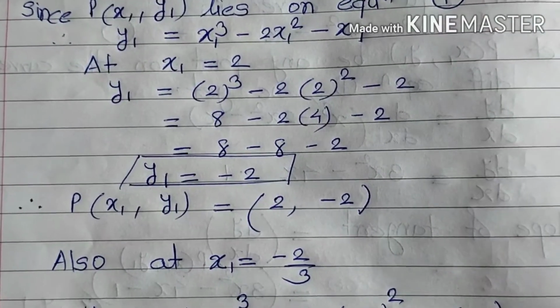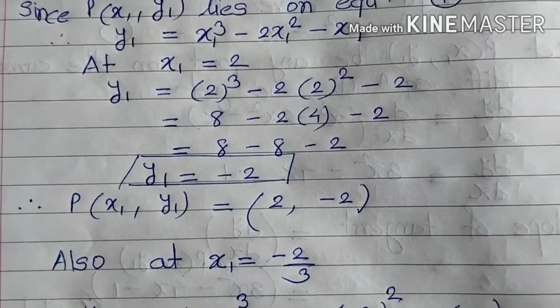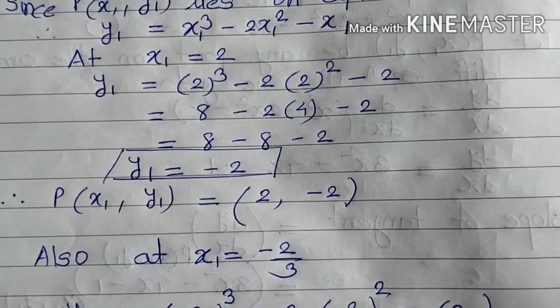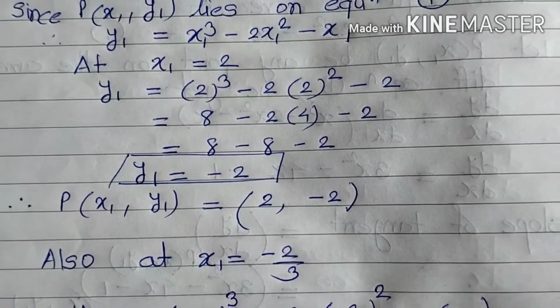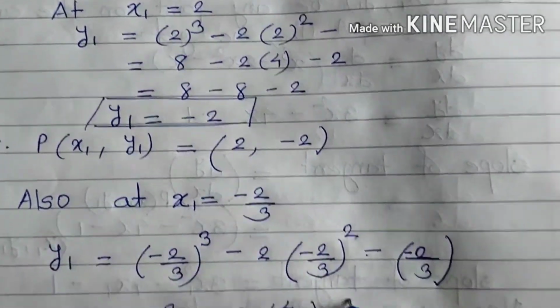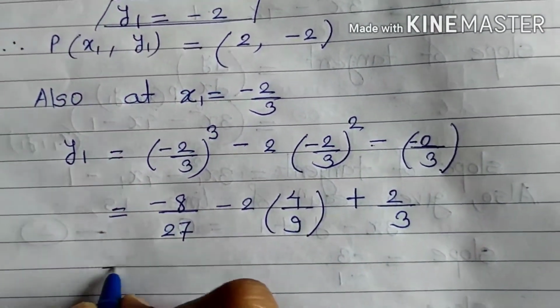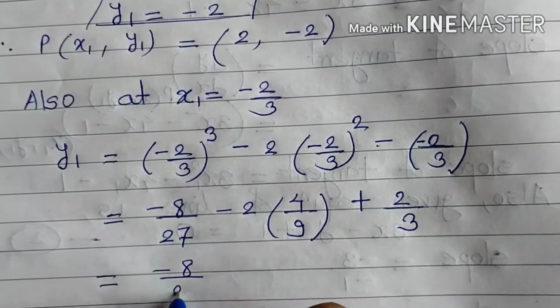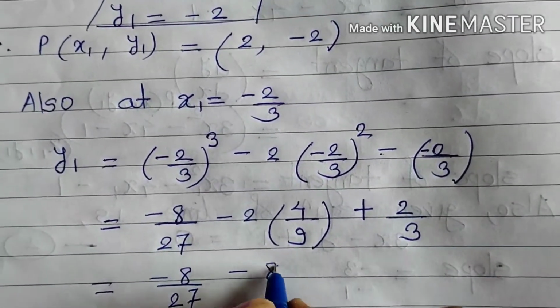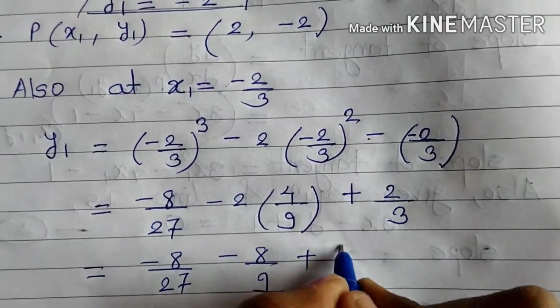So minus 8 upon 27 minus 2 into 4 upon 9, minus minus will become plus 2 upon 3. So minus 8 upon 27 minus 8 upon 9 plus 2 upon 3.